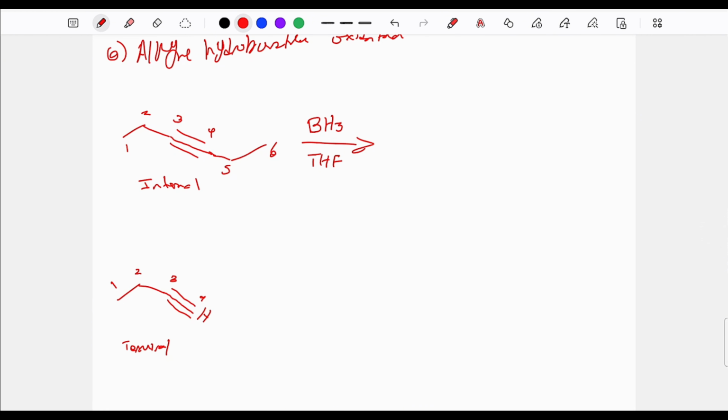Why do we not use borane? Well, the thing is, terminal alkynes specifically often react twice with BH3. Okay, so let's write this.